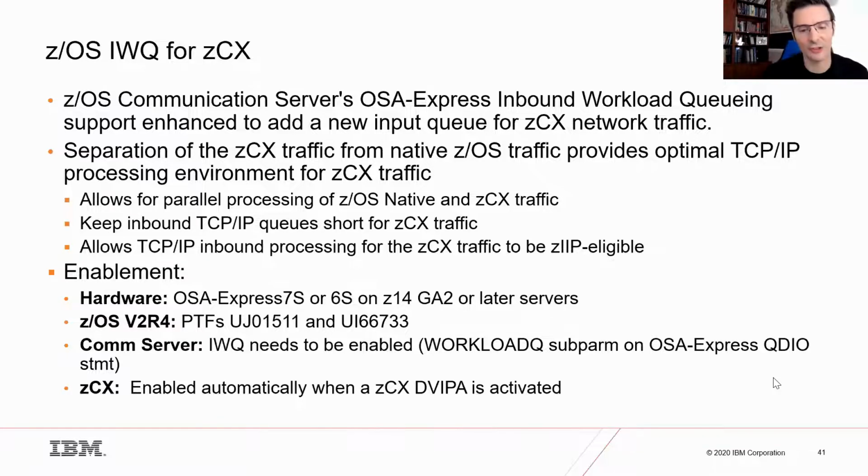But if you have not done it, you'll need to add this workload queue subparameter for your OSA-Express QDIO statement. And last but not least, when you start up a zCX and that DVIPA is activated for zCX, it will automatically then leverage this IWQ support. So cool stuff for zCX.